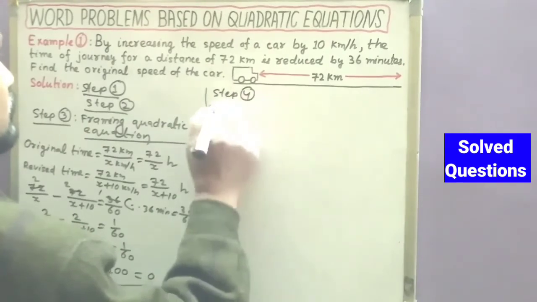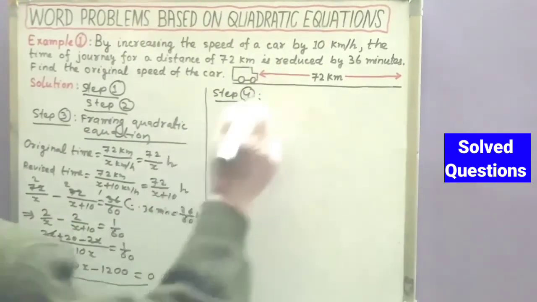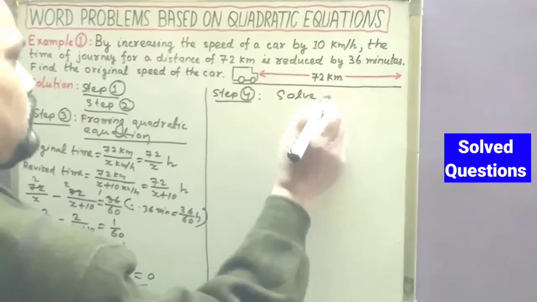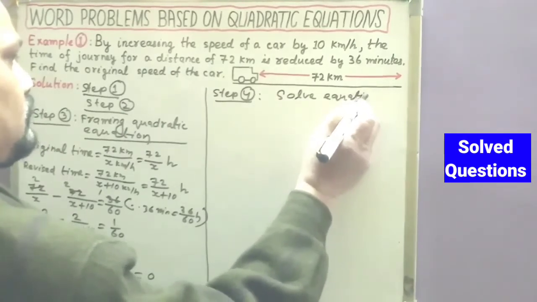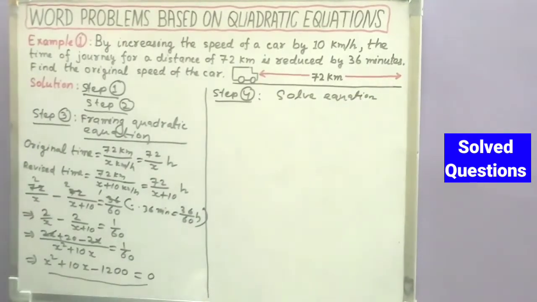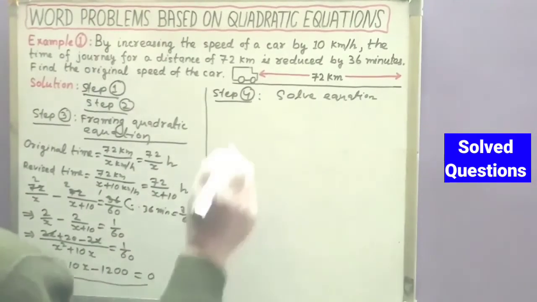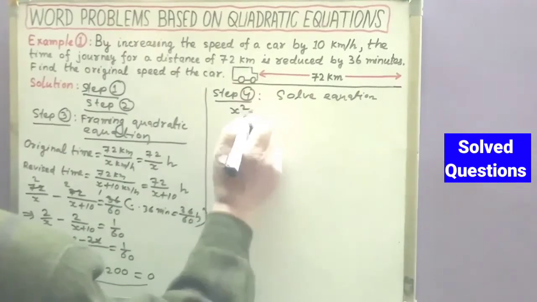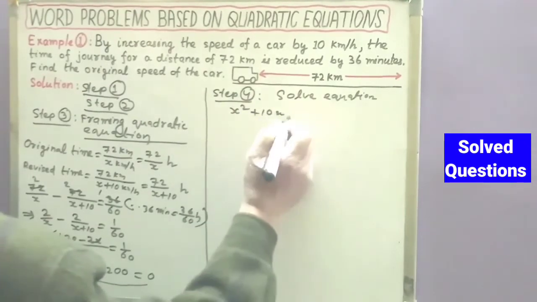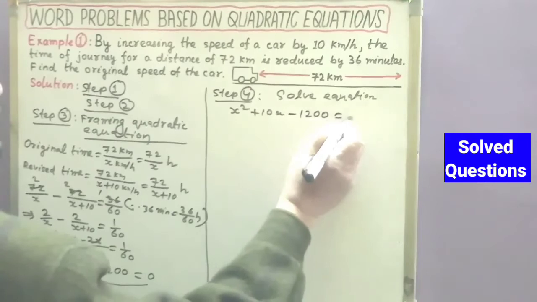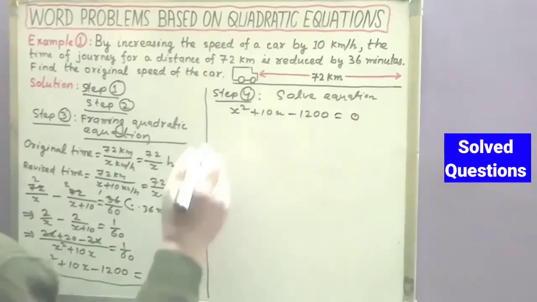Step 4. Solve the framed equation by any method convenient to you to find the unknown value, that is the value of x. Here, using the factorization method, we solve the equation. The framed equation is x square plus 10x minus 1200 equal to 0.